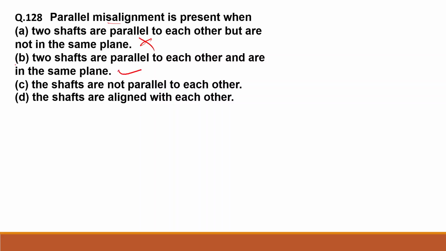This point is right, because parallel misalignment is present when two shafts are parallel to each other and in the same plane. This point also is wrong, and option B will be our right answer.